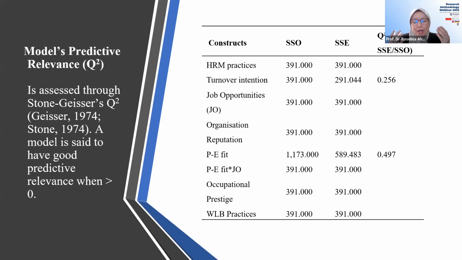For example, you have several IVs and one dependent variable, so the whole model is considered fit, and the independents are the right choice of independent variables to affect the intervening and the dependent variables in your study.